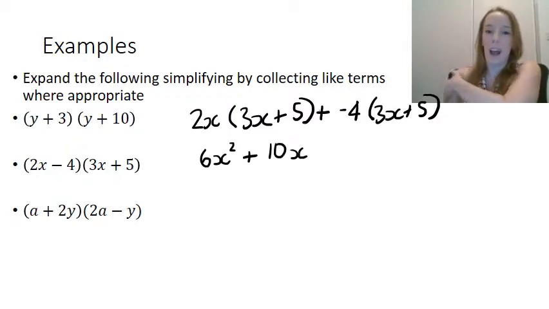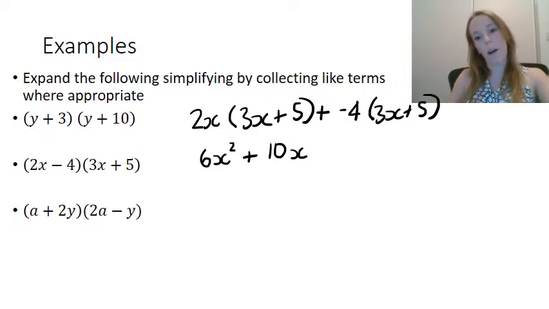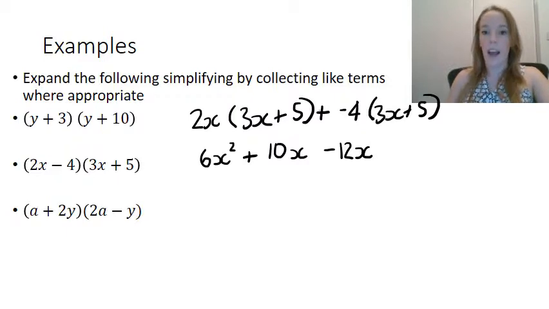Okay, so we're adding negative 4 times 3x, which will leave us with negative 12x. And we know when we add a negative, it's the same as taking away, so we have take away 12x. So negative 4 times 5 will give us negative 20, so adding a negative is the same as taking away.